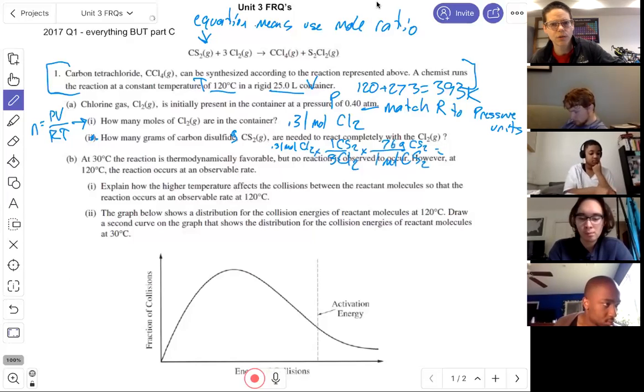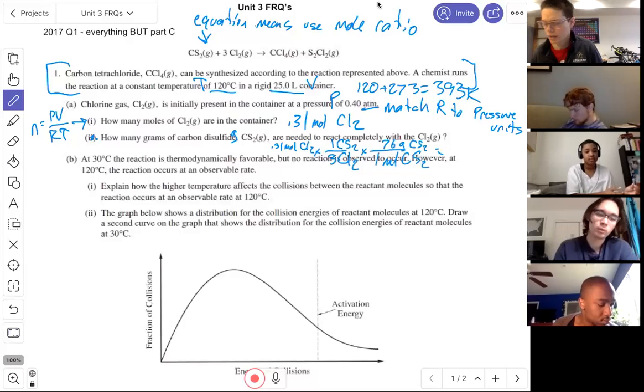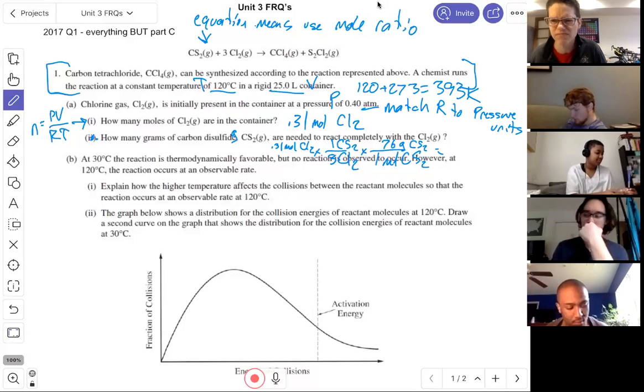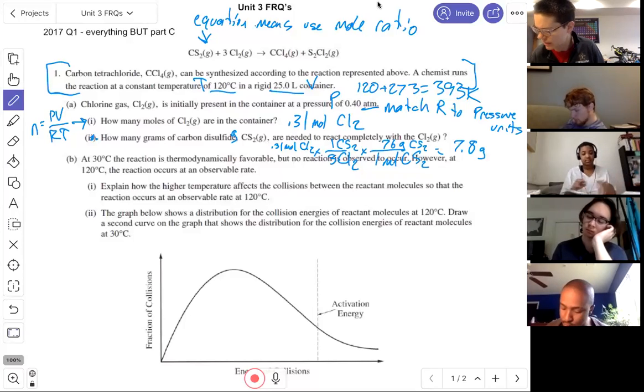All right, so how many sig figs should you still have in this answer? 2. And what are you guys getting? 7.8 grams. Depending on what you use for the molar mass, I just added 12 and 32, which is not completely correct. It's 76 point something in there. So 7.8, 7.9, whatever you used is going to factor in there.